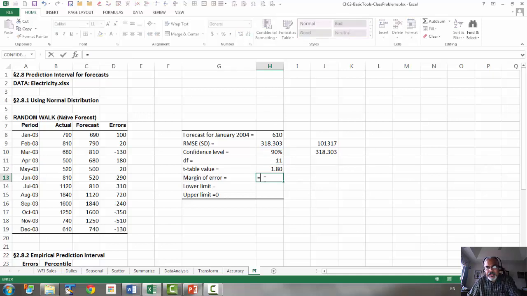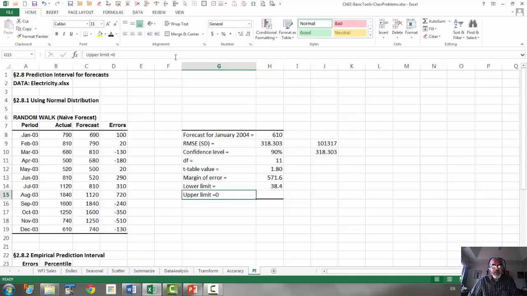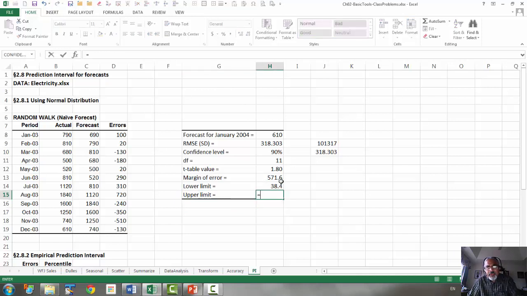Now you multiply the t with the RMSE, and that will give us the margin of error. Once you have the margin of error, we take the forecast minus the margin of error, which will give you the lower limit. And we take the forecast and add the margin of error, we get the upper limit.